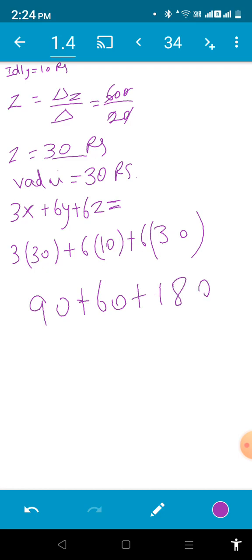Adding all the values, we get 330 rupees.